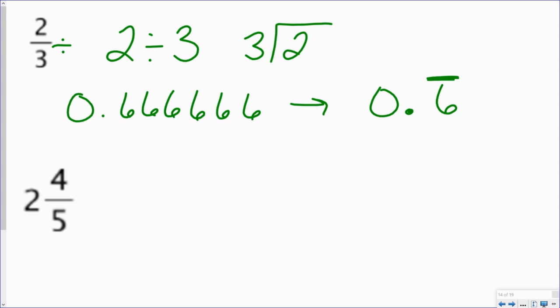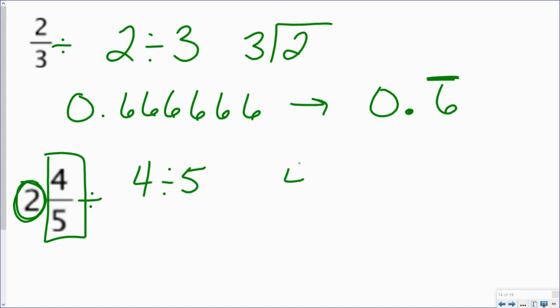My next one here is 2 and 4/5. So again, I have a whole number of 2 out here. First I'm going to look at my 4/5. I have 4 divided by 5, and that gets me an answer of 8/10.